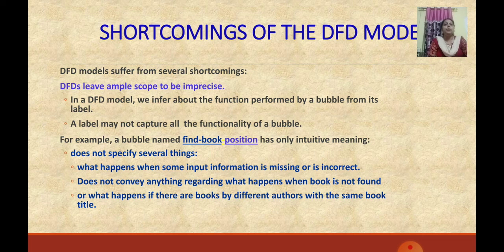But what happens when some input information is missing or incorrect? It does not convey anything regarding what happens when the book is not found, or what happens if there are books by different authors with the same book title. These are not in the bubble name. We cannot know about these things. So the DFD is imprecise. We cannot know all about the function from the function name.